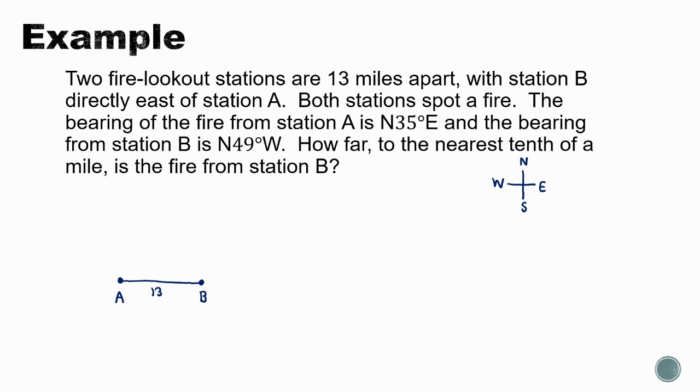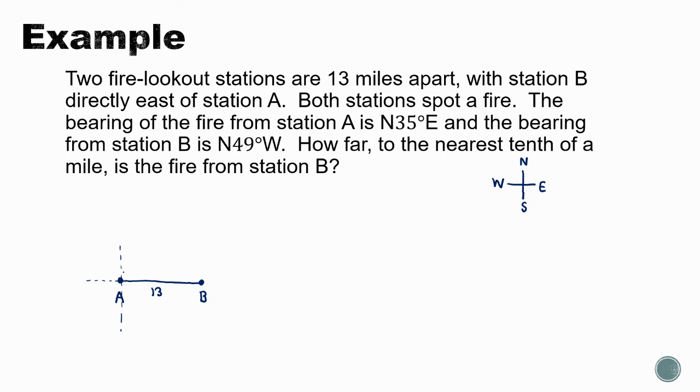Both stations spot a fire. The bearing of the fire from station A is north 35 degrees east. So if you remember the bearing, we always want that angle to be formed with the north-south line. Because it's specifically talking about station A, that's where I want to be thinking about my origin of my map.